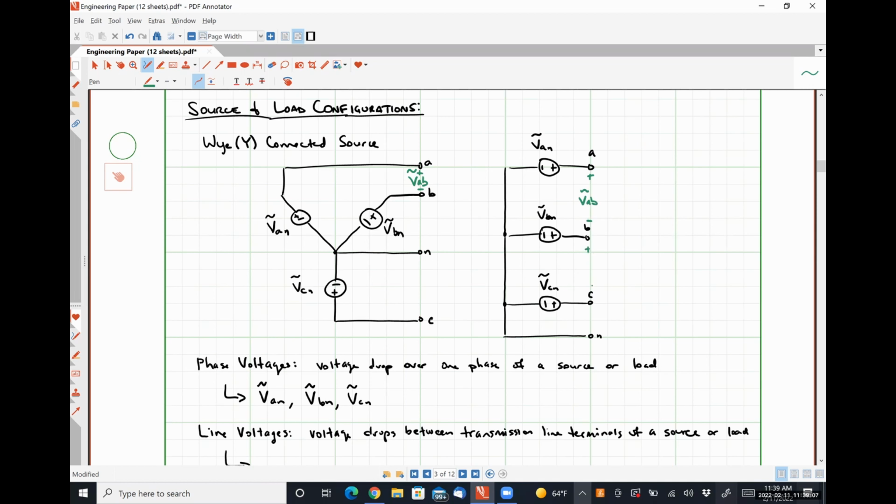We'll have a line voltage VBC measured between transmission line terminal B and transmission line terminal C. And similarly, we'll have a voltage VCA measured between transmission line terminal C and transmission line terminal A.